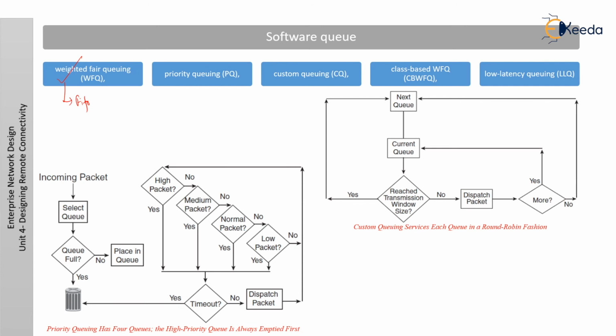It sorts different traffic flows into separate streams or conversation sessions and alternately dispatches them. The algorithm also solves the problem of round trip delay variability.